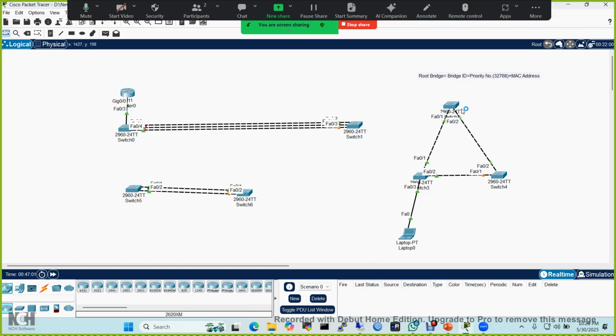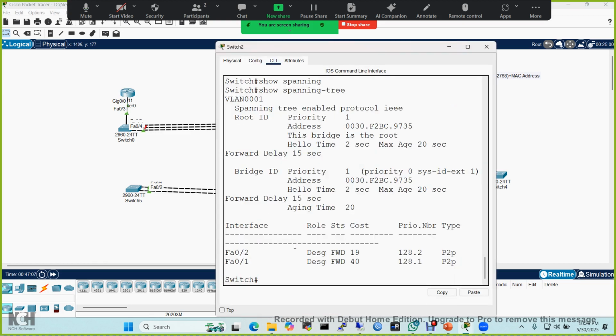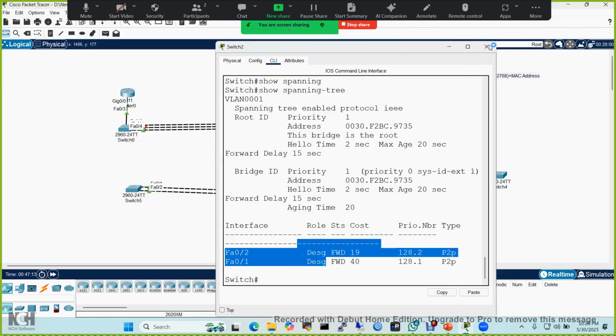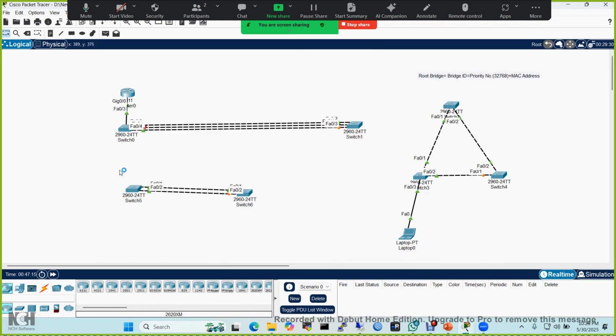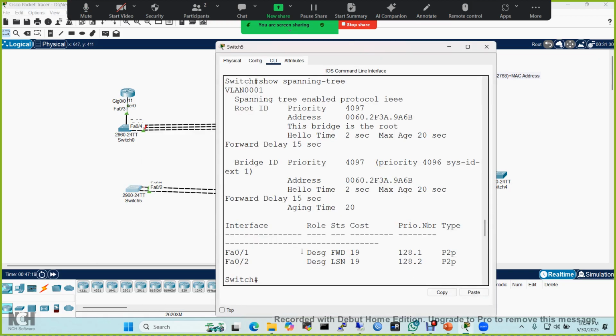I think you have made this switch the root, isn't it? Yes. We will check here. You can see all the ports of this switch are designated. In another case, which switch is the root? This switch. You can see all the ports are designated for the root.